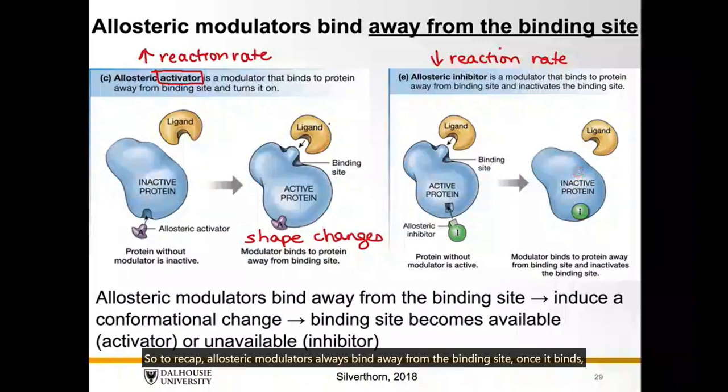So to recap, allosteric modulators always bind away from the binding site. Once it binds, it's going to induce a conformational change and either make the binding site available in the case of an activator or unavailable in the case of an inhibitor.